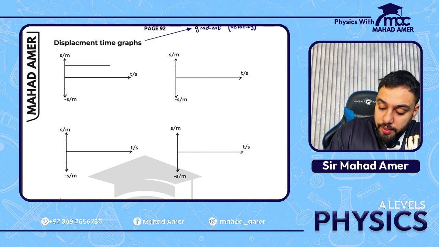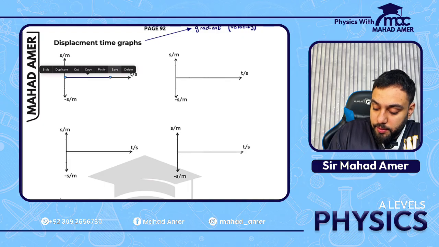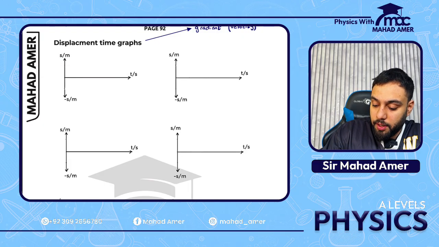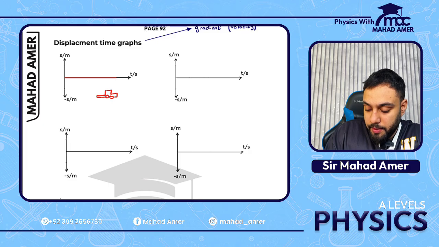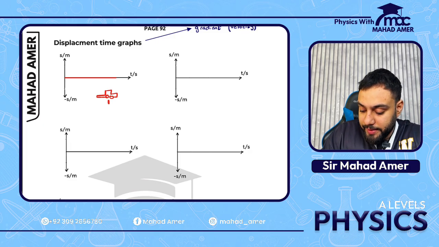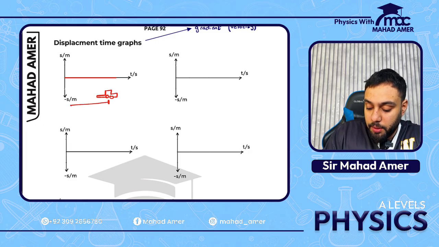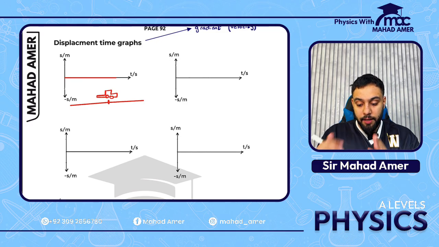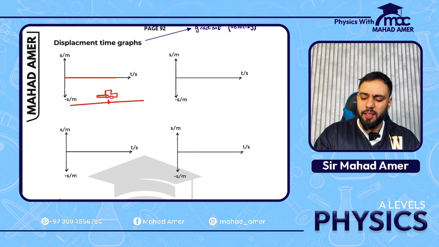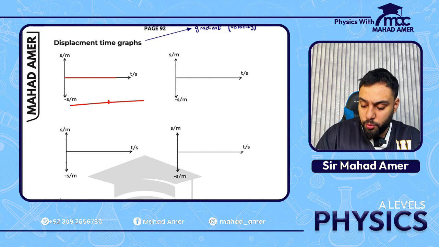First of all, let me just draw the first graph. That's going to be this. Let's suppose I've got a car and that car is standing on its original position. This is the original position of the car. Let's forget about the car. Let's take you guys.